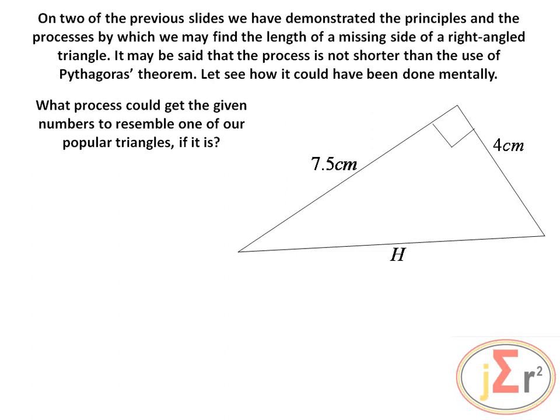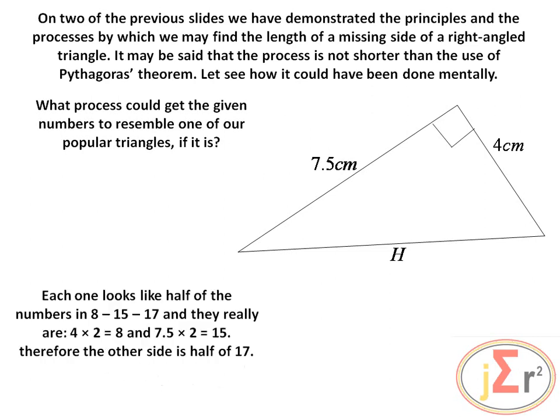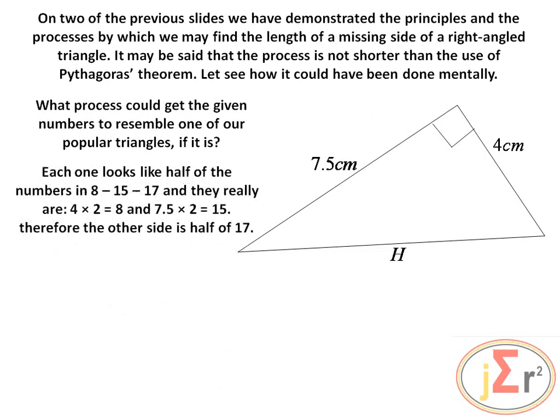What could cause it to resemble one of our popular right angled triangles? Each one looks like half of the numbers in 8, 15, 17, and they really are. 4 multiplied by 2 is equal to 8, and 7.5 multiplied by 2 is equal to 15. Therefore, the other side is half of 17.